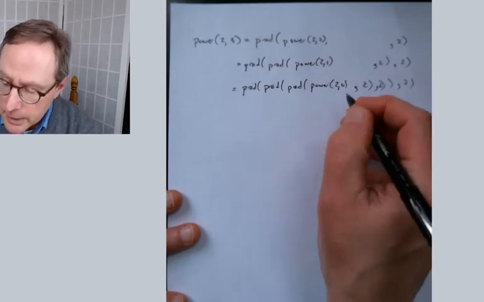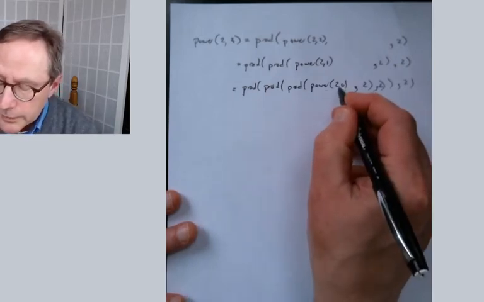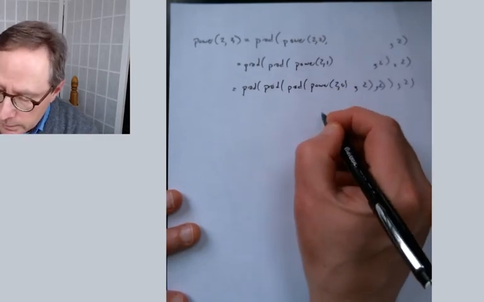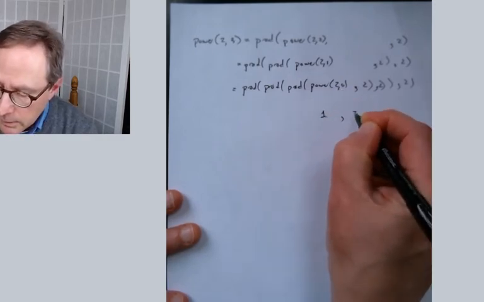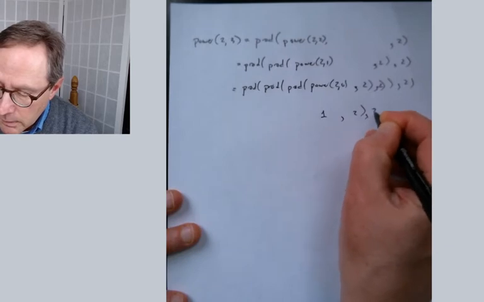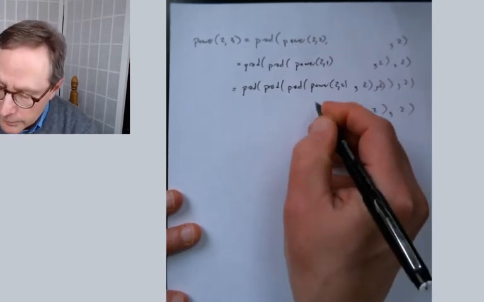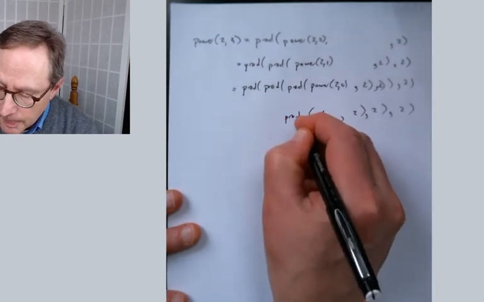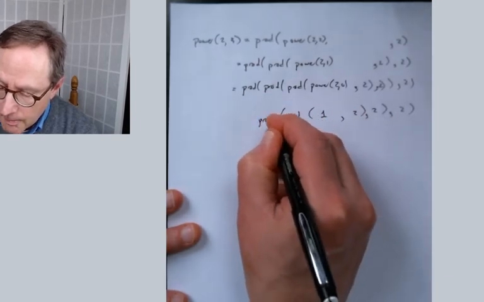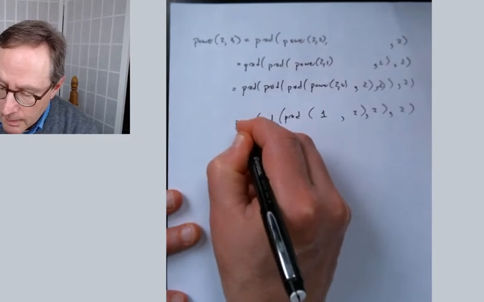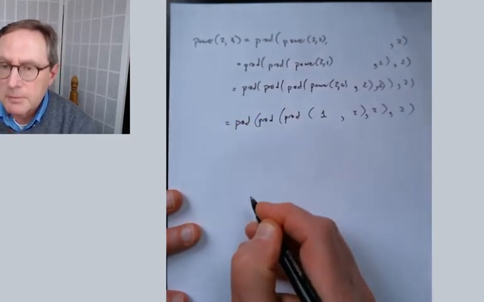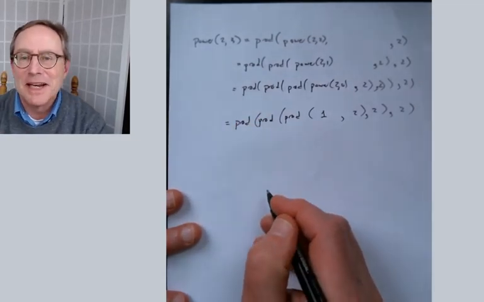Now you see what's happening here. The power of 2 and 0, 2 to the 0, is 1. Fill in the rest. I almost put an extra paren at the beginning.